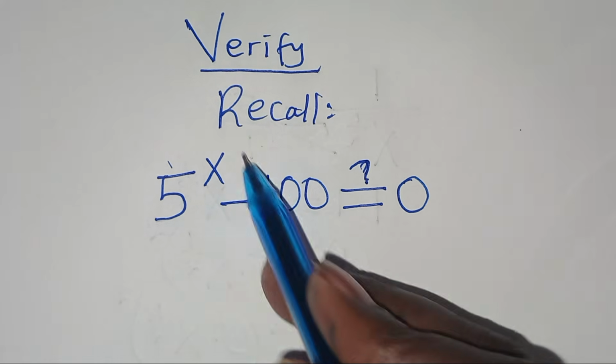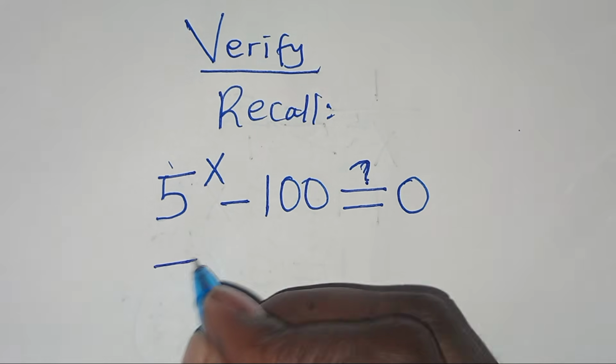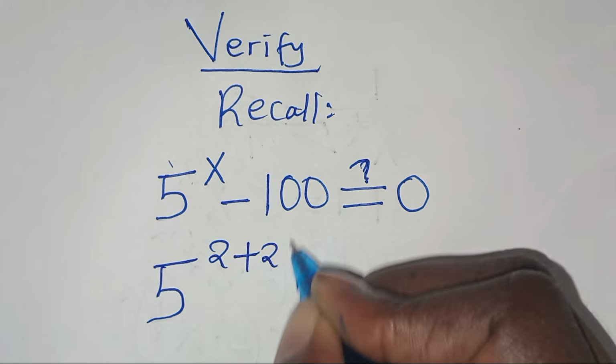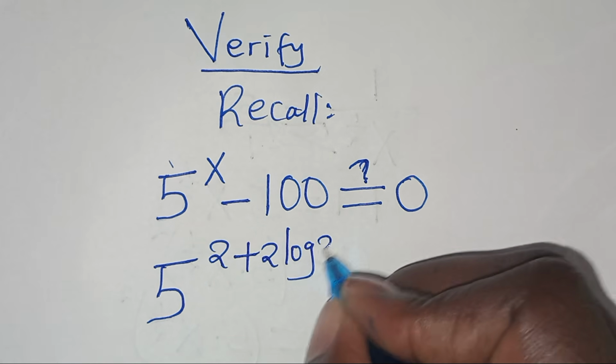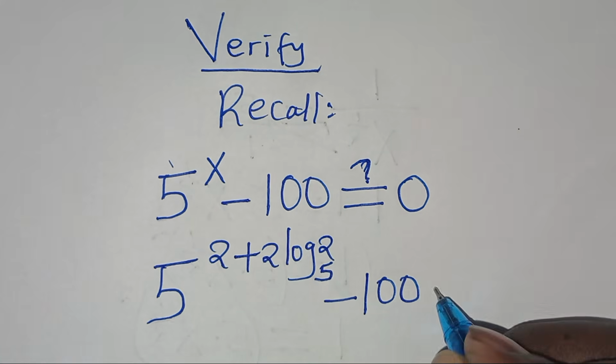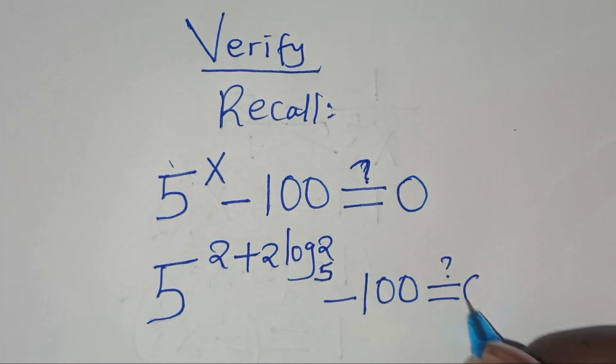Now the next step is to substitute the value of x, so that we have 5 raised to the power of 2 plus 2 log 2 to base 5, subtract 100. This is supposed to give us a value of 0.